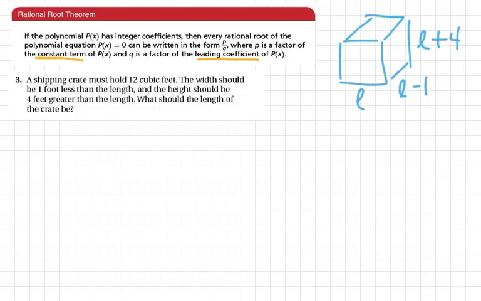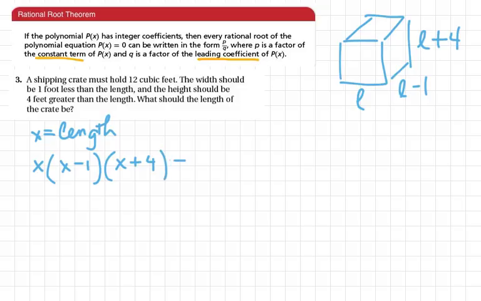And it must hold 12 cubic feet. Okay, so let's change L to x. Let x equal the length, just easier to read here. So we have x times x minus 1 times x plus 4 equals 12.